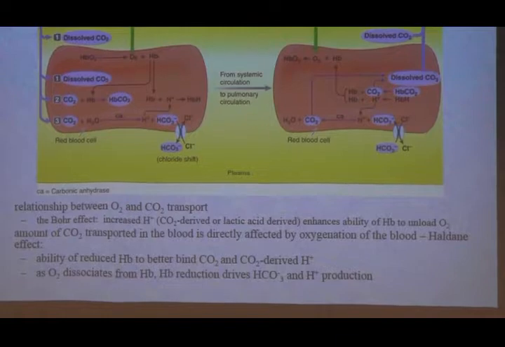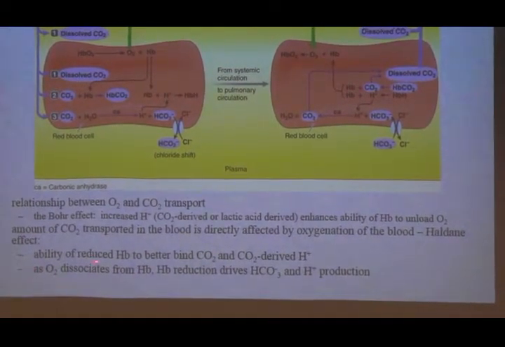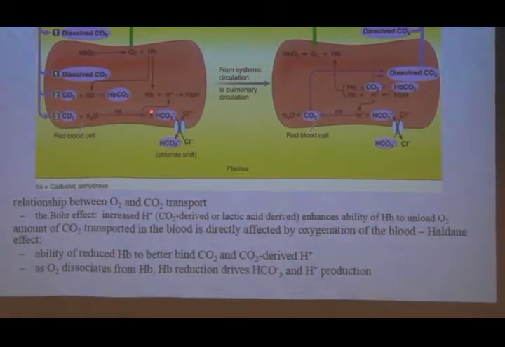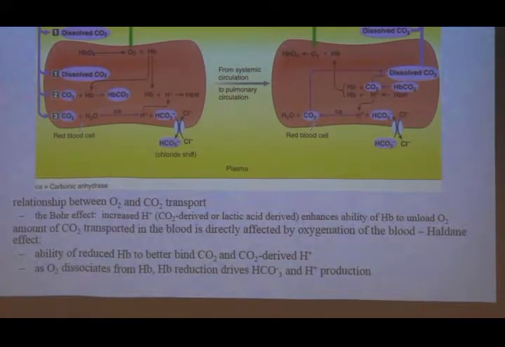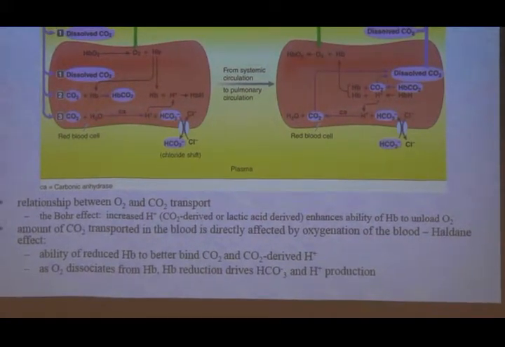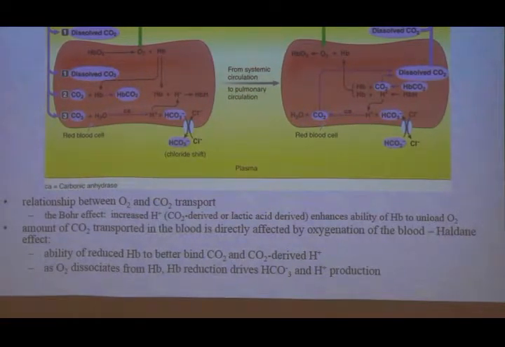The other important concept is that the amount of CO2 transported in the blood is directly affected by the oxygenation of the blood. So in other words, the summary is that deoxygenated blood carries CO2 better than oxygenated blood.